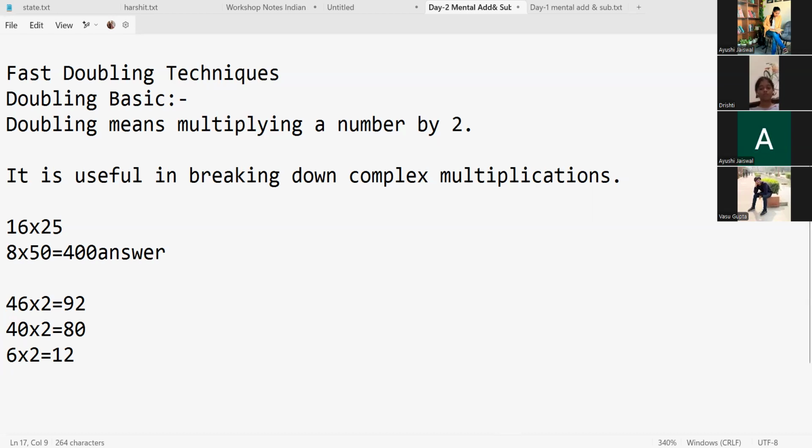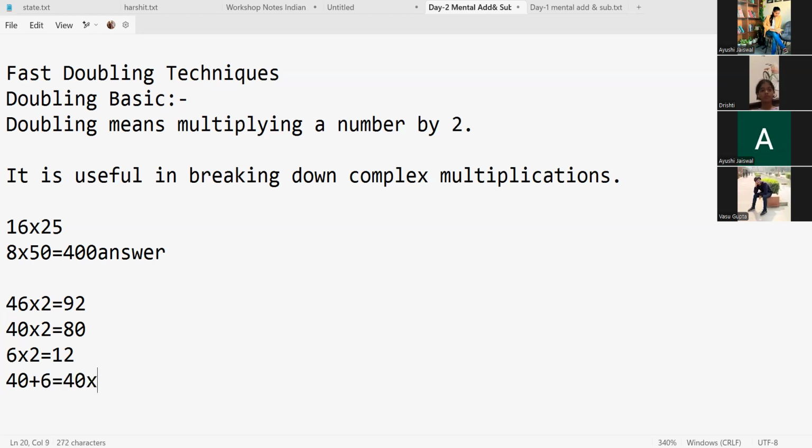Now see how to use this method with place value. Place value means you separate and then combine the result. For example, the same example, 46 and 2. First we separate 40 plus 6, right?